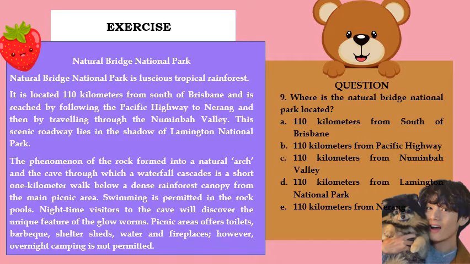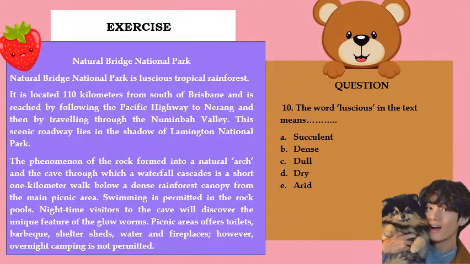E. 110 km from Nerang. Question 10. The word "luscious" in the text means: A. Succulent, B. Dense, C. Dual, D. Dry, E. Arid.